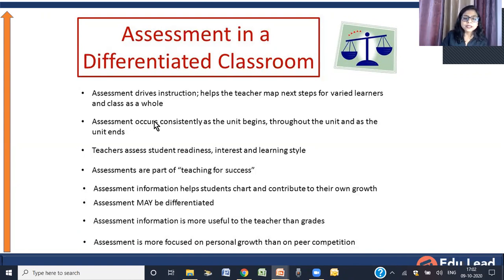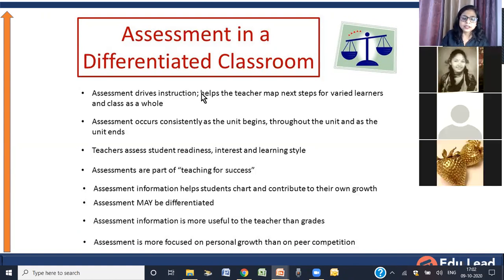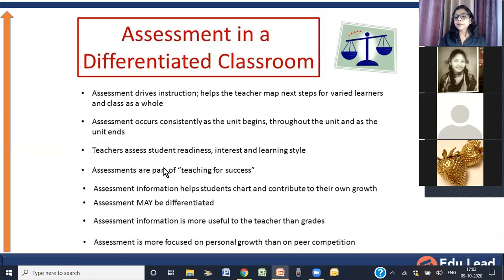So this is important for us to understand. Whenever we are talking about differentiation, assessments drive instruction, and instruction will then help you collect data for differentiation. So assessment occurs consistently as the unit begins, throughout the unit, and as the unit ends.